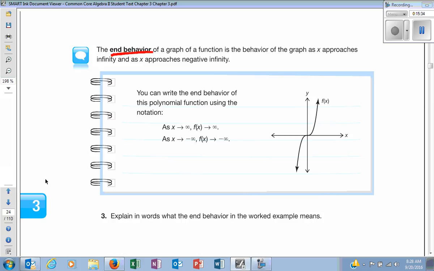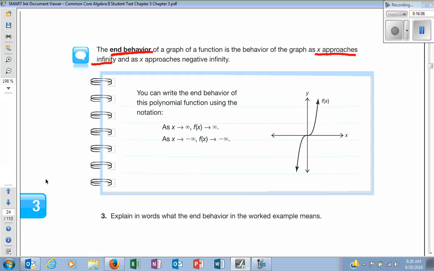The end behavior of a graph of a function is the behavior of the graph as x approaches infinity, as x approaches negative infinity. Okay. Bunch of jargon there that we need to kind of clear up. What does it really mean as x approaches infinity? What is x? This is where we're not doing a great job of understanding.